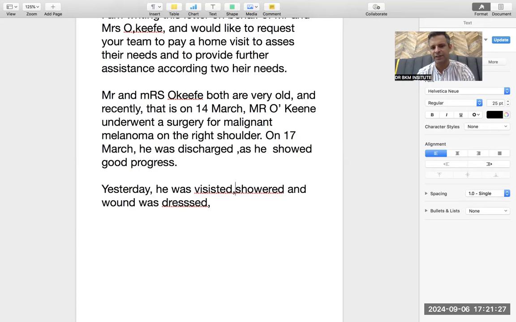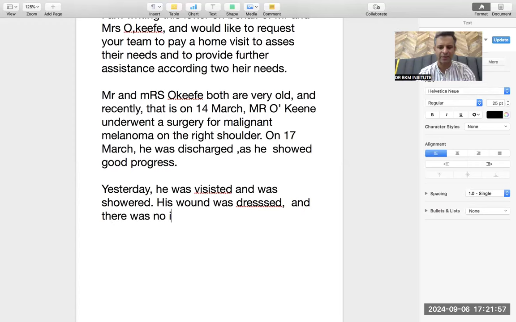I can say he was visited, meaning by us. He was visited and showered and his wound was dressed. Now, he was visited and showered. If it is disturbing me, I will put it. His wound was dressed. Now write only main things. But his wound was dressed and there was no infection. So write progress. This is medical progress now.